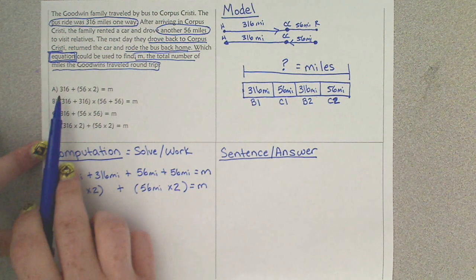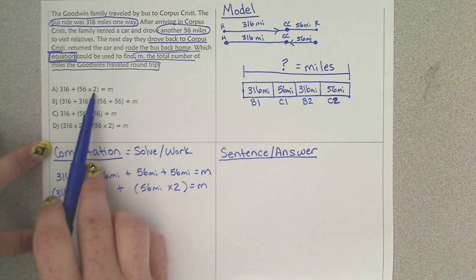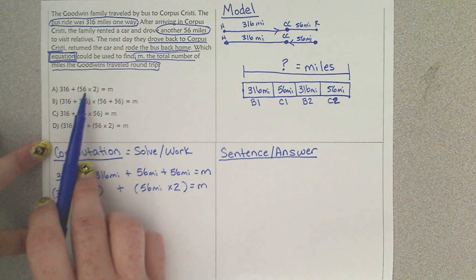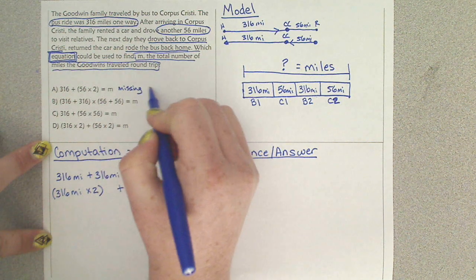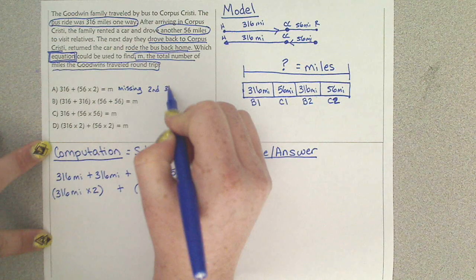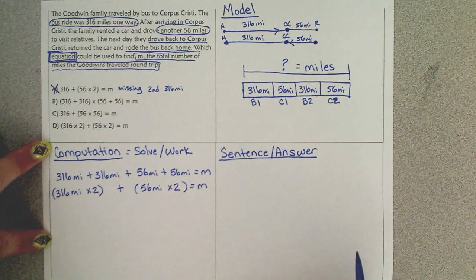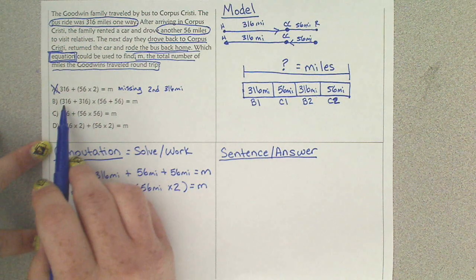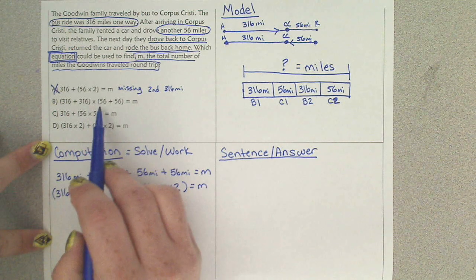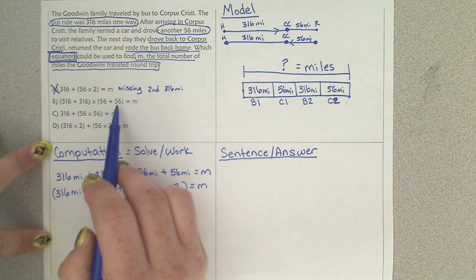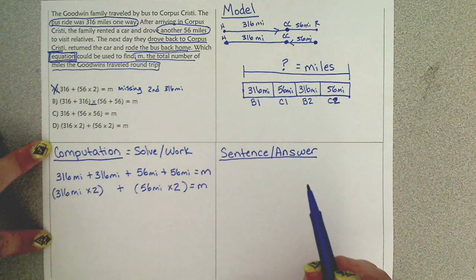The first one says 316 miles plus 56 times 2. The problem with this answer is that we're missing the second 316 miles. So I know that answer can't be correct. Now, this says 316 miles plus 316 miles and 56 miles plus 56 miles, but then they're saying to multiply them together.